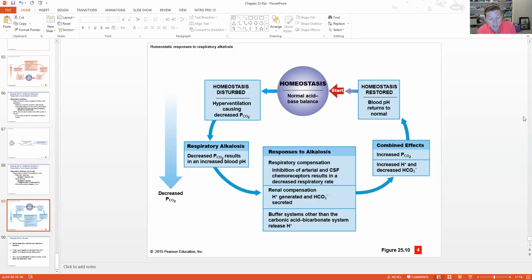We're going to decrease the rate and depth of breathing to increase the amount of carbon dioxide in our blood. We're going to decrease the amount of ions being secreted at the kidneys, and decrease the amount of bicarbonate reabsorption at the kidney. So that's going to lead to fewer hydrogen ions being removed and fewer bicarbonate ions available, which is going to increase the hydrogen ion concentration in the blood, which is going to decrease our pH, which is increasing our acidity, which is getting us back to where we need to be.